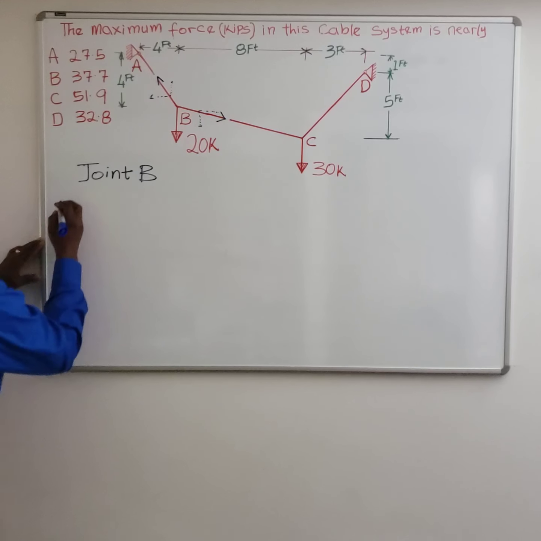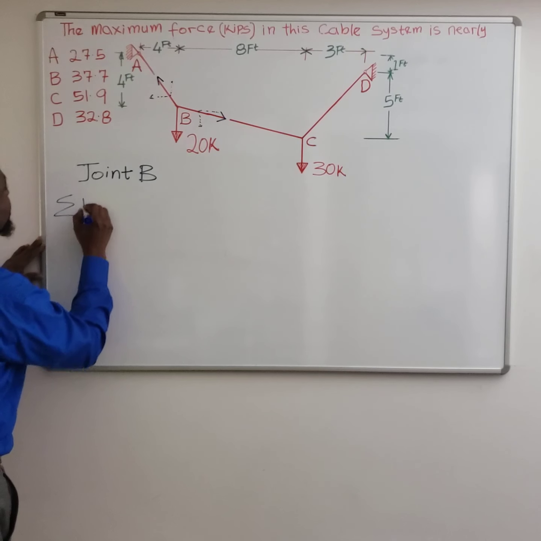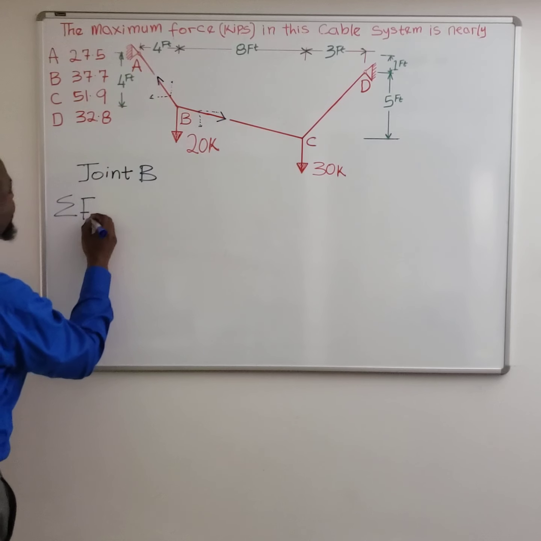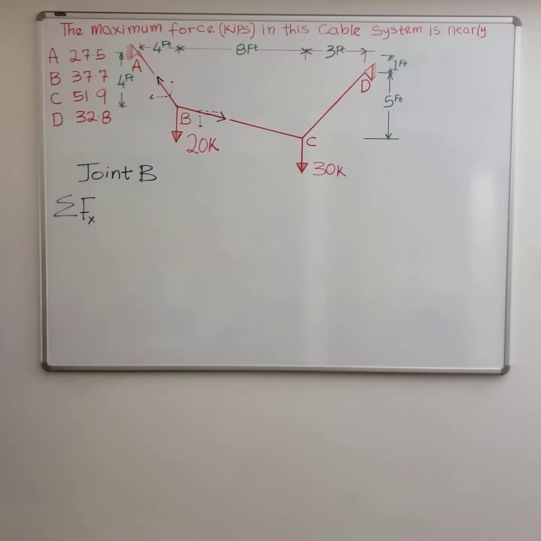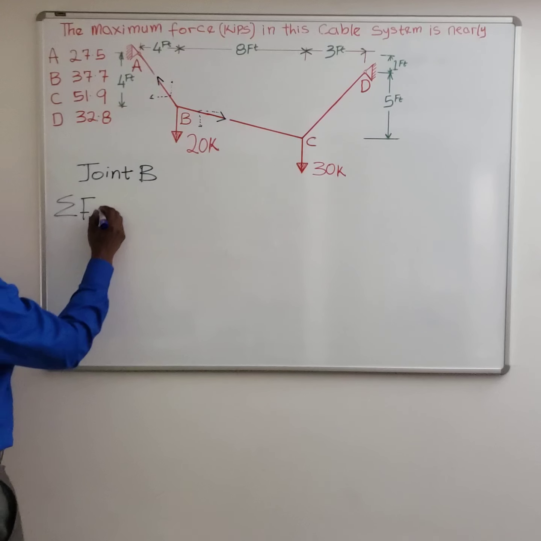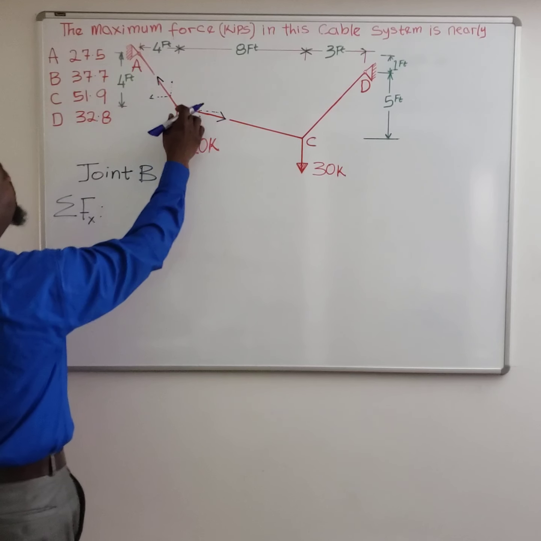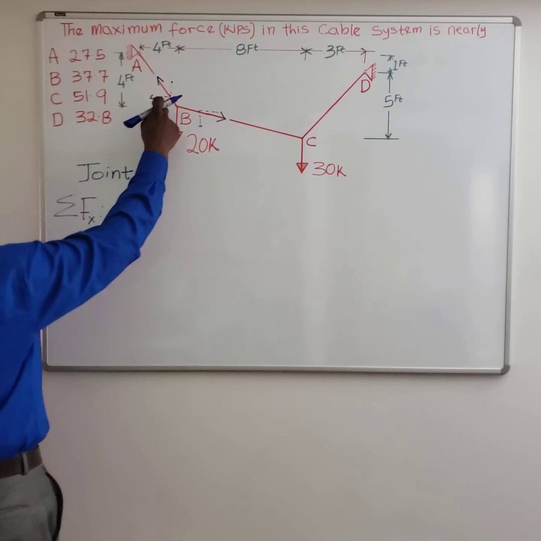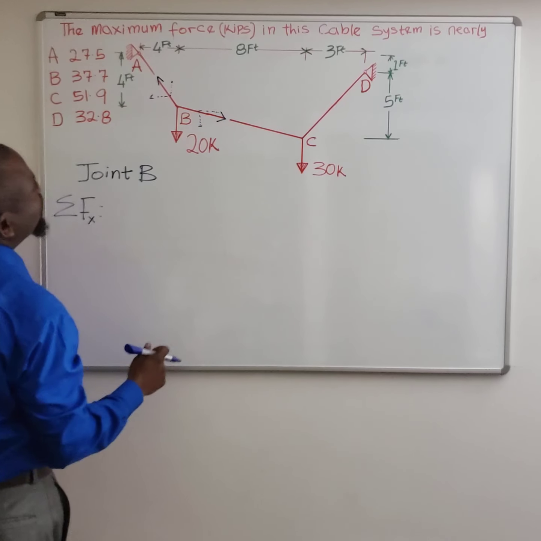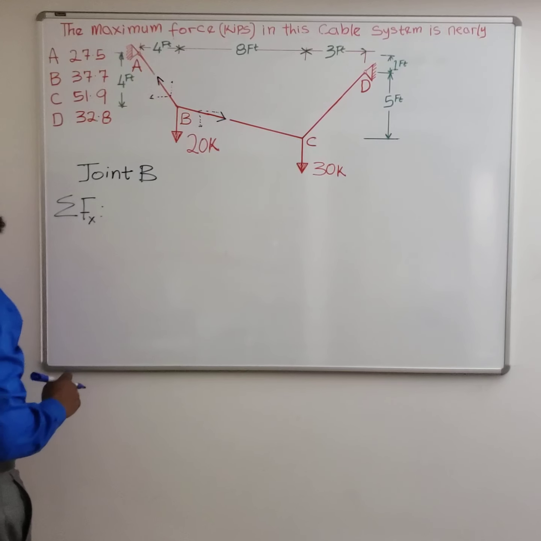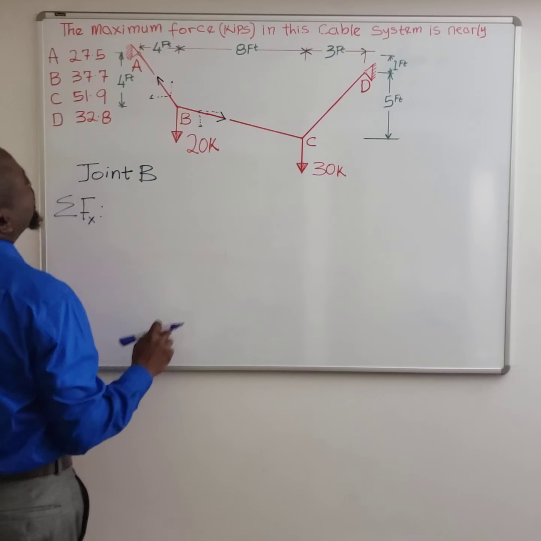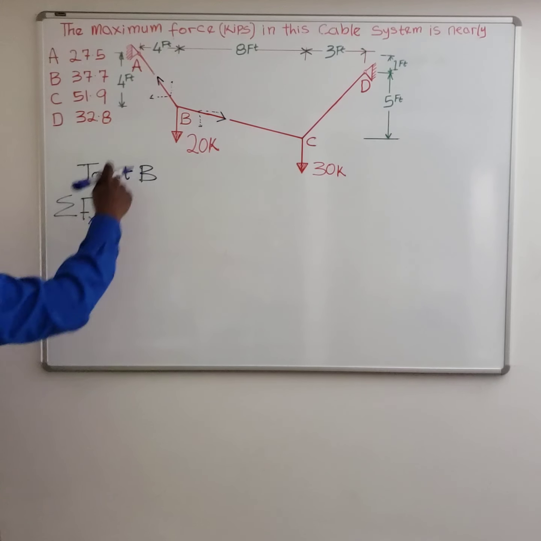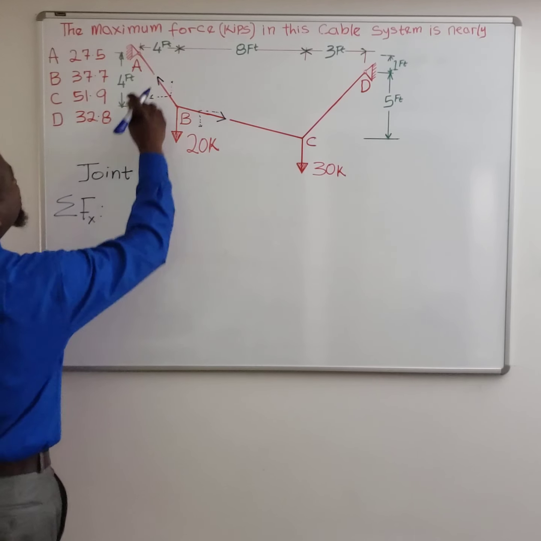So sum of horizontal forces at joint B is going to be, now, so we have this one is negative. Our orientation is such that from this point to the left is negative, and from this point to the right is positive. So it's going to be negative force, and it's going to be 4.